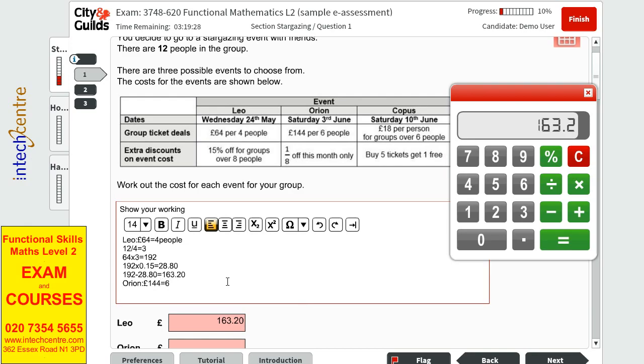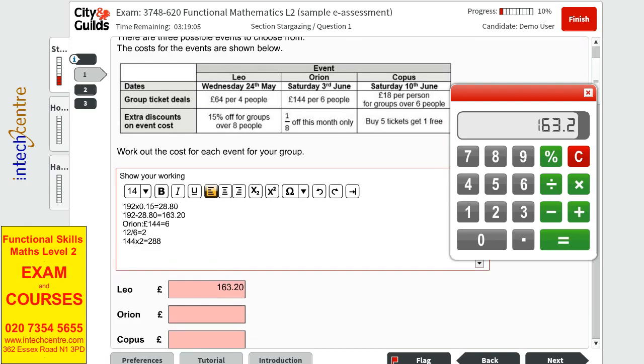144 equals 6 people, and then if we move down, we have 12 divided by 6 is 2. Again, we'll have 2 groups of 6 people, therefore we can do 144 times 2, and we have 288. Now let's scroll a bit down.